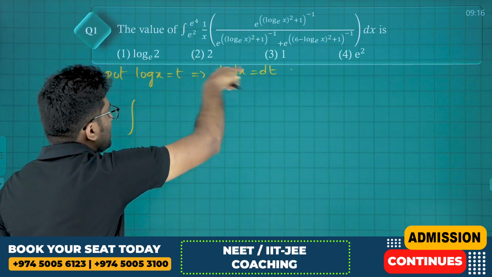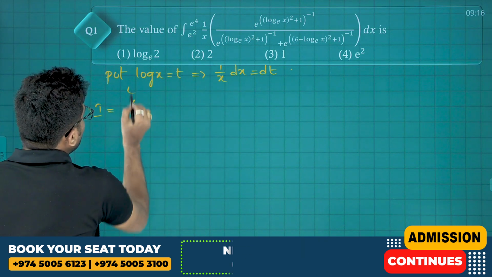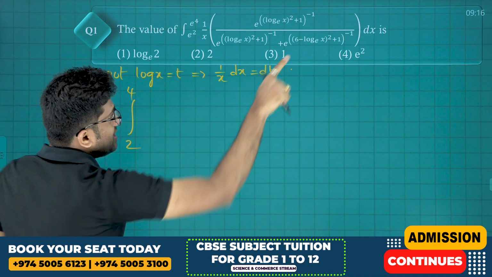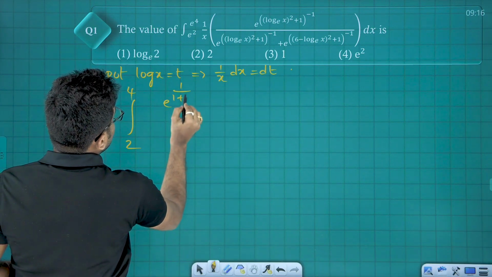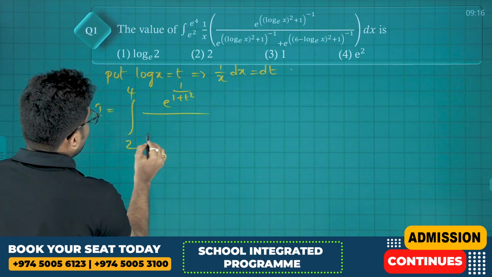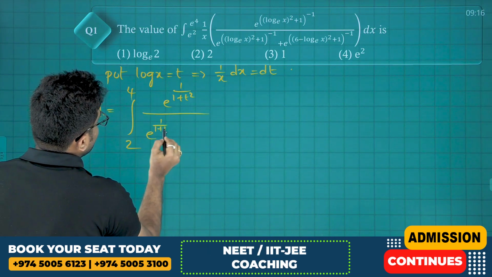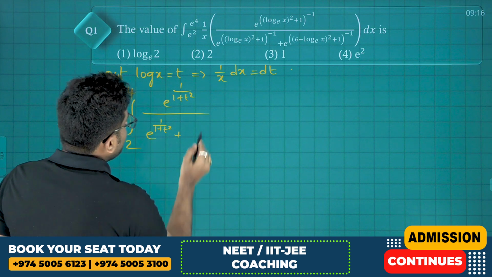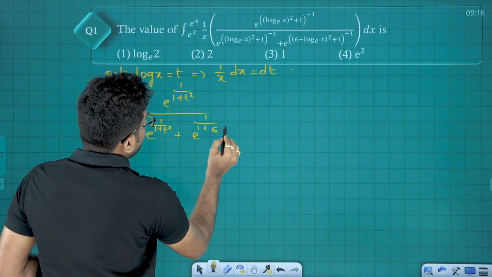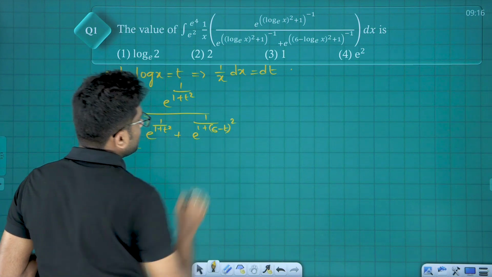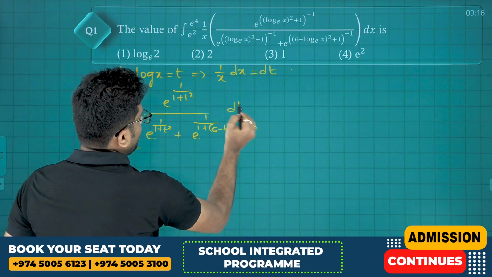If x is e square, t will be 2, so 2 to 4, 1 by x dx is dt, e power 1 by 1 plus t square divided by e power 1 by 1 plus t square plus e power 1 by 1 plus (6 minus t) whole square, dt.